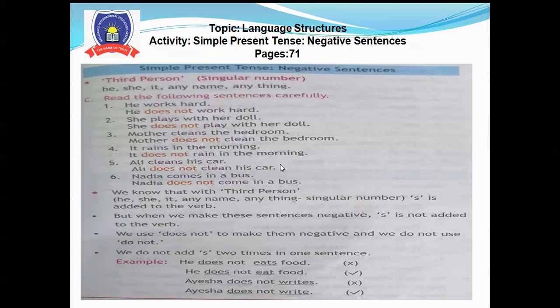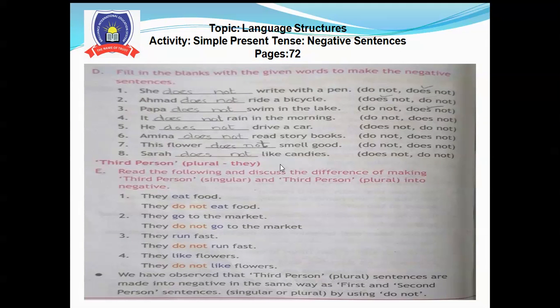Moving to the next page, page number 72. Here is exercise D. It says, fill in the blank, write the given word to make the negative sentences. She dash write with a pen.